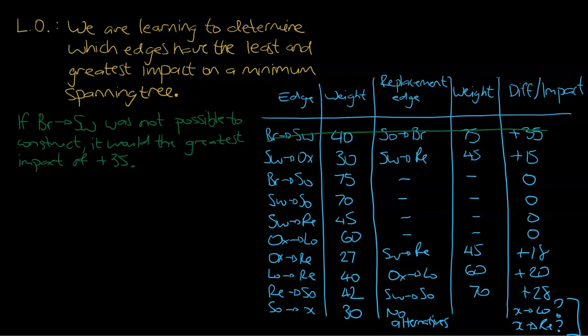The next thing we want to talk about, because the word least is where it gets a bit annoying here. So these four here have no impact. So is no impact the least amount of impact? Not too sure. So that's why we're going to chat about all four of them. So we're going to say Brighton to Southampton, and then we've got Swindon to Southampton, and then Swindon to Reading, and then Oxford to London.